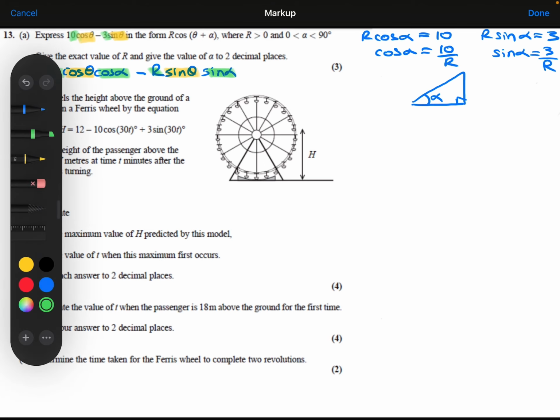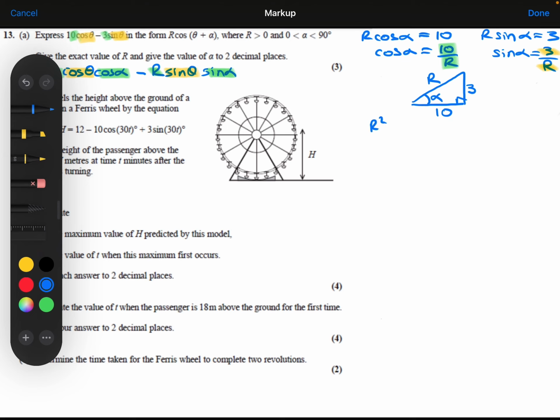The fact that I've got a cos being 10 over r, that's telling me that my adjacent side is 10 and my hypotenuse is r. The fact that I have a sine equals to 3 over r, that's telling me that the opposite is 3 and the hypotenuse is r.